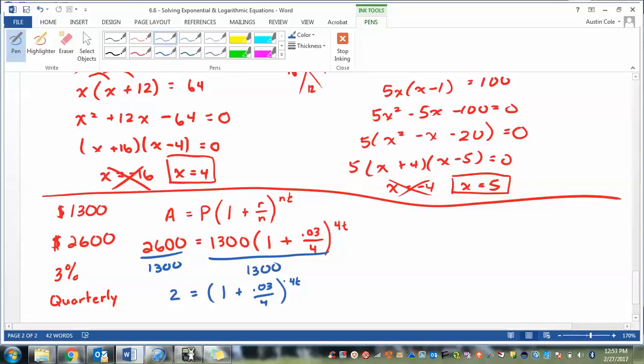Now let's do the parentheses here. In our calculators, do 0.03 divided by 4 and add 1 to that. You get 1.0075.